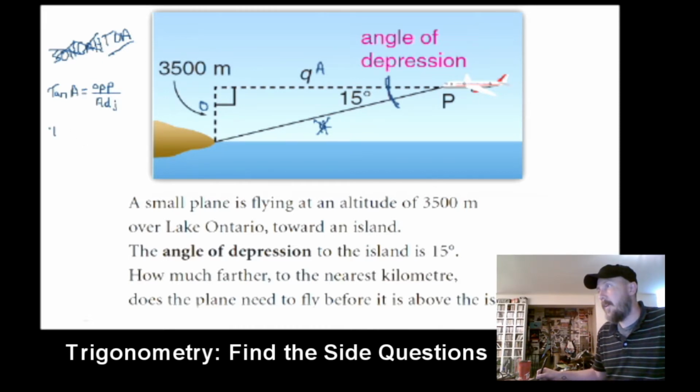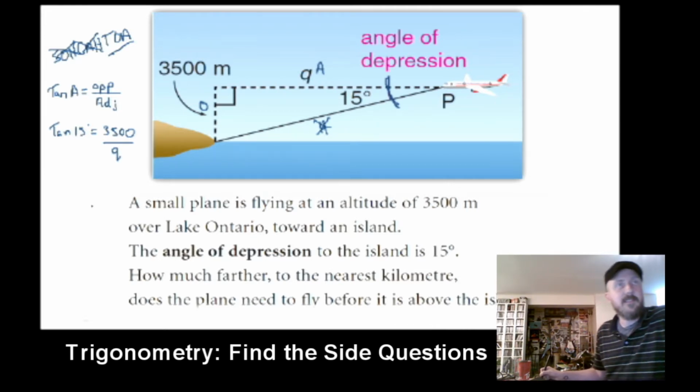So tan, my angle is 15 degrees. The opposite is that 350. And the adjacent is that side Q that I want to find. That's going to be my answer.